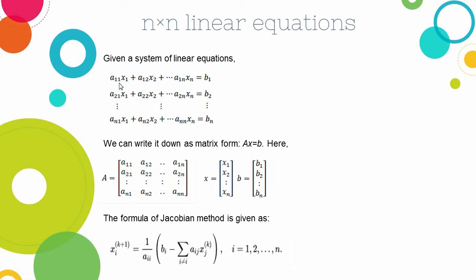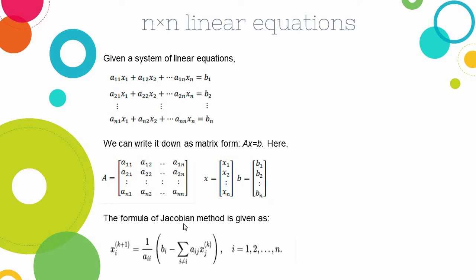Here A is the coefficient matrix: a11, a12, up to a1n, a21, a22, up to a2n, and an1, an2, until ann. And x is the variable vector including x1, x2 until xn, and b is the constant on the right hand side of the equations.